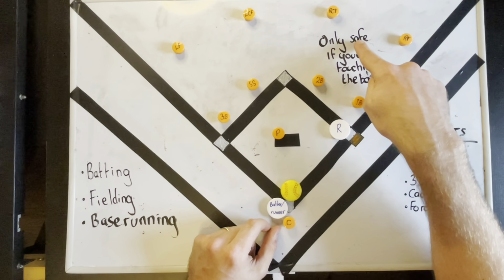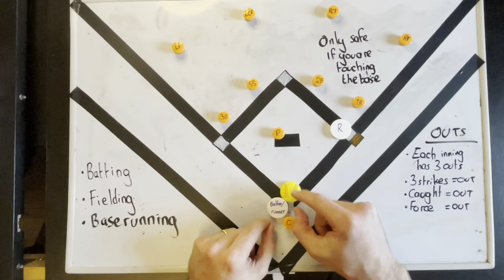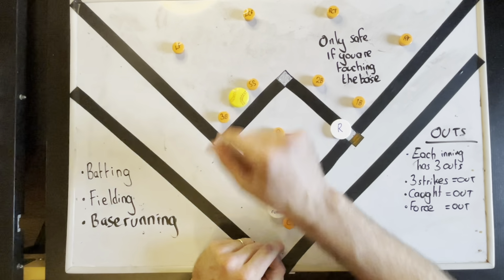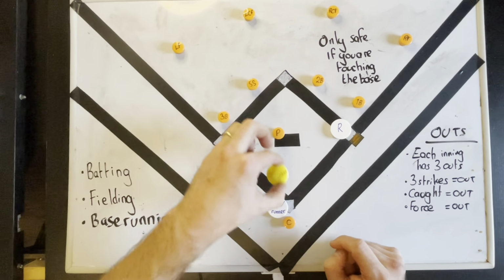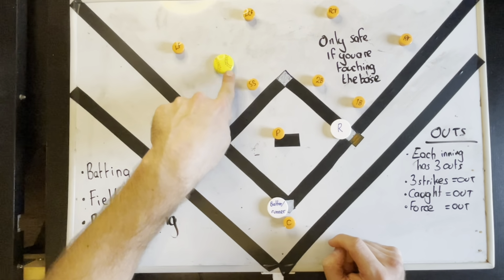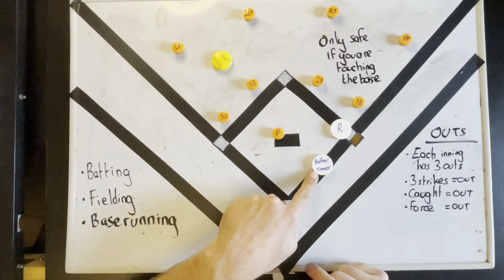Now, if I am only safe when I am touching the base, if this batter then hits the ball, so they're not out, it's not caught, it's not 3 strikes, and the ball's in fair territory, this batter is now going to run to first.